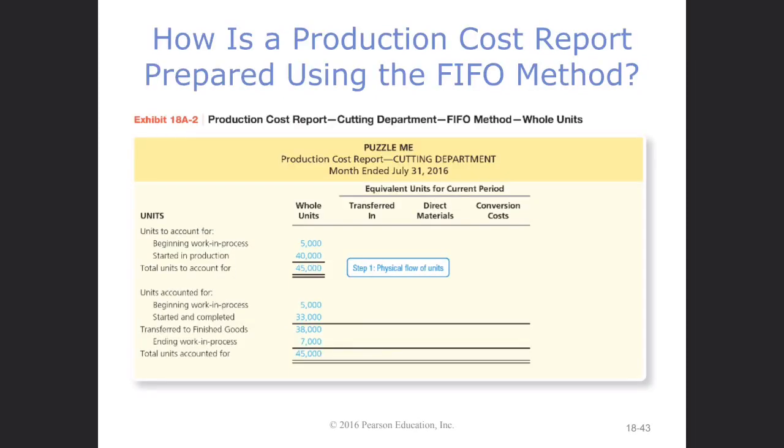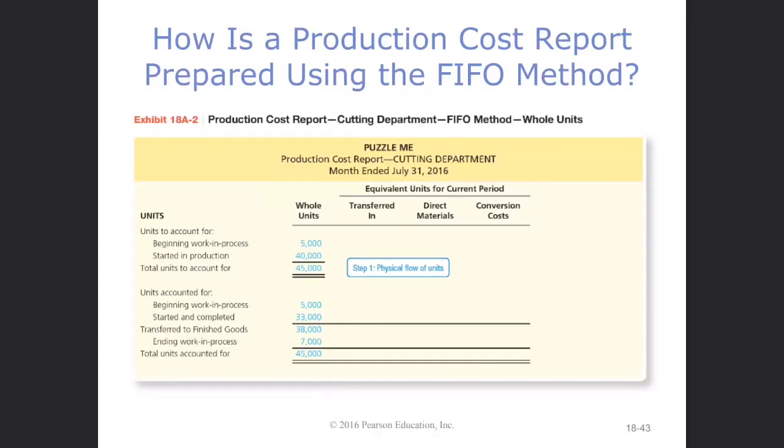And then here we're looking at our production cost report for the cutting department. At the end of July, we have our units to account for and our units accounted for, and we've already gone through this with the previous departments. We're not going to go through all of this again, but it's done the same exact way. First we have our physical flow of units. We're looking at units to account for.